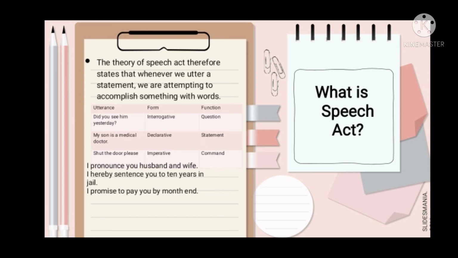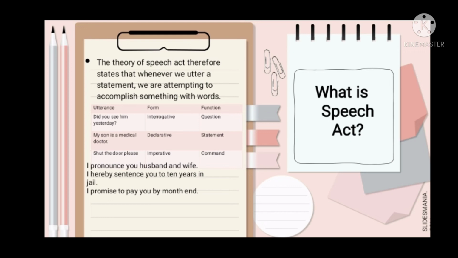The form of this sentence is declarative, and its function is to state that his son is a medical doctor. And the last example is, shut the door, please. It is in imperative form, and the function of that sentence is to command the listener to close the door for the speaker.